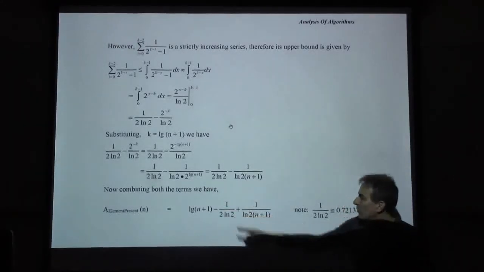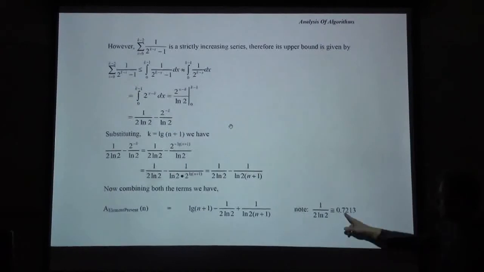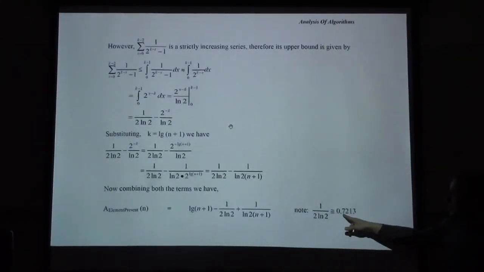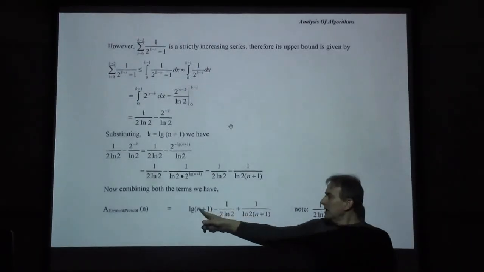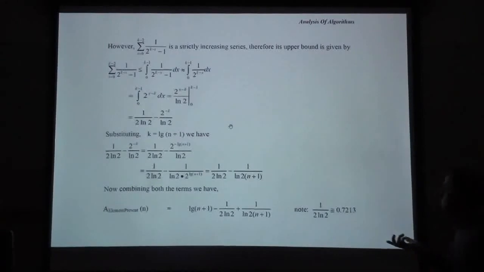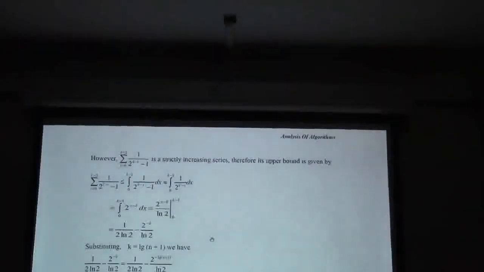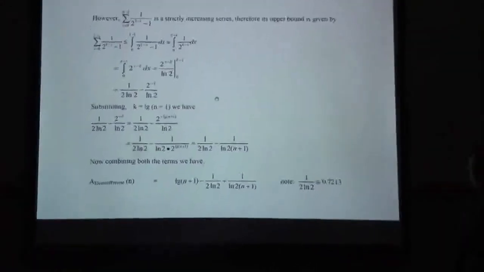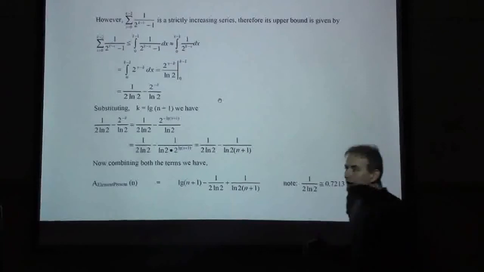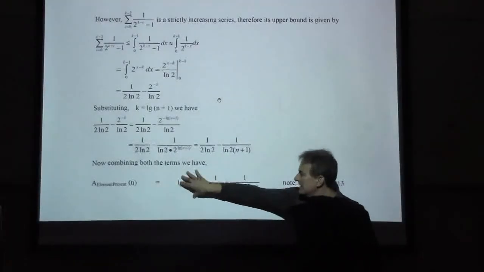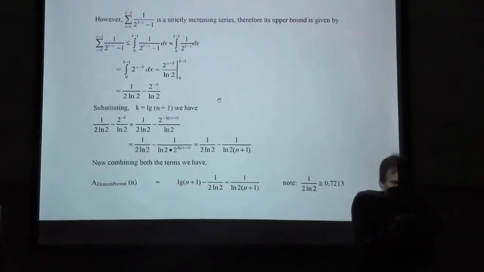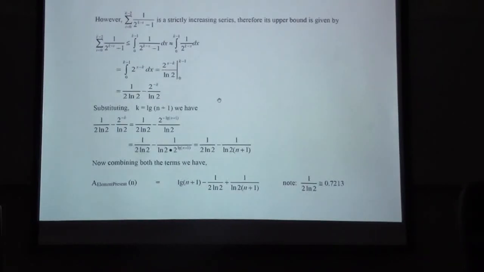Minus 1 over 2 ln 2, which is very close to 0.72, so this 10 goes down to 9.3, plus 1 over natural log of 2 times n plus 1. So it looks like our average complexity is going to be this plus a small adjustment.